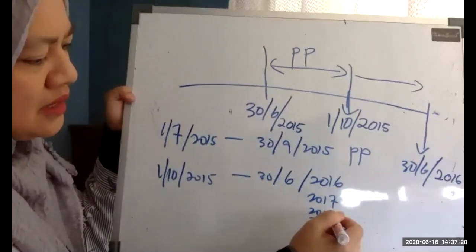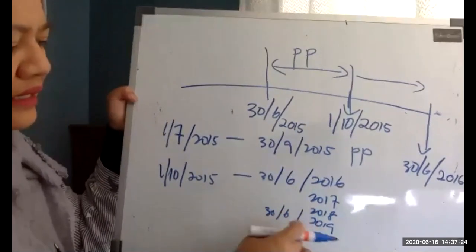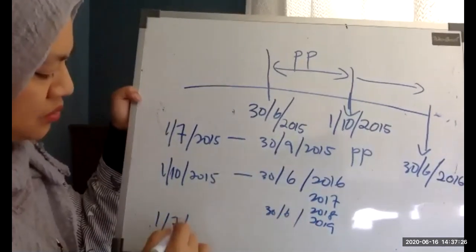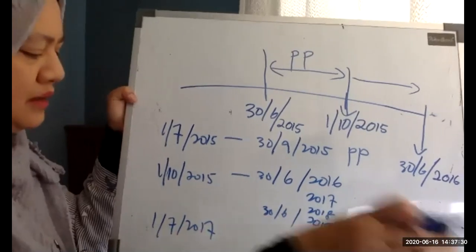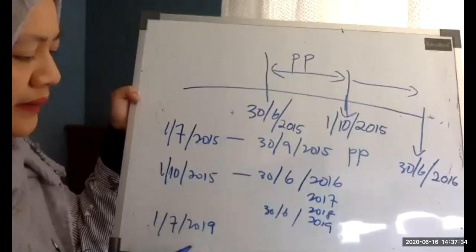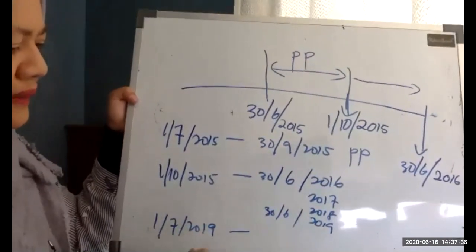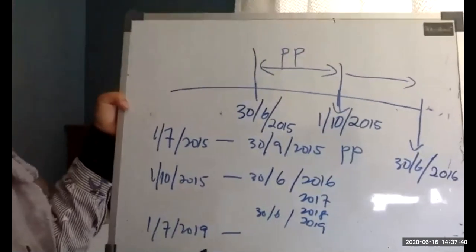So the first period runs to 30th of June 2016, then 1st July 2016 to 30th June 2017, and so on, each 12 months. After 2019 you have another 12 months until 30th June 2020.